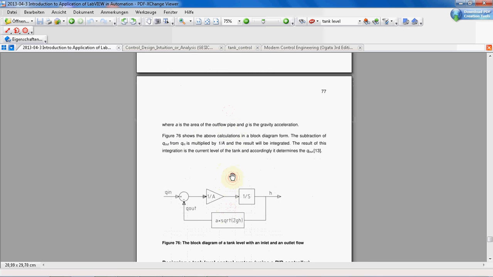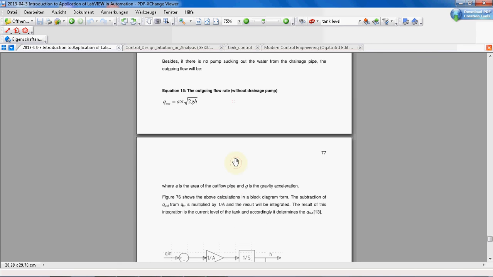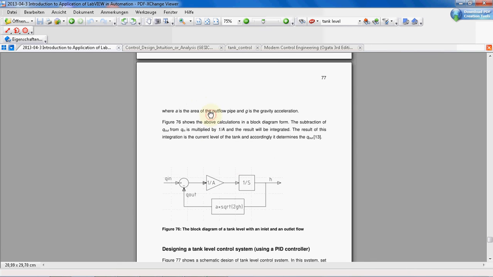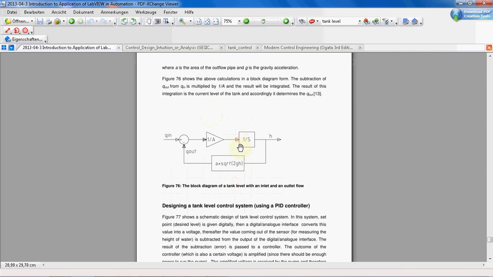Okay, if we draw the block diagram of a tank, if we transform our mathematical equations of our tank into a block diagram, we will have such a block diagram. Let's start from here.